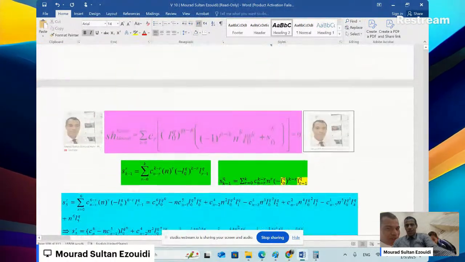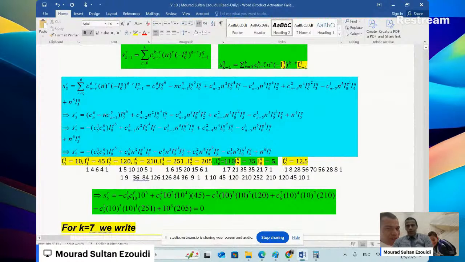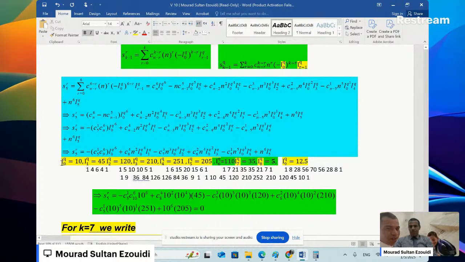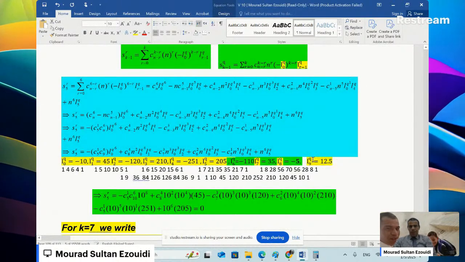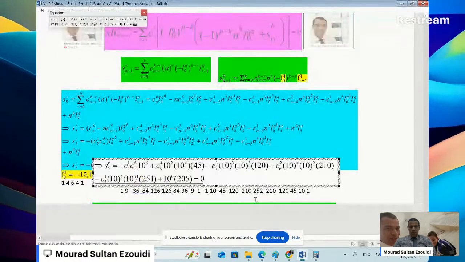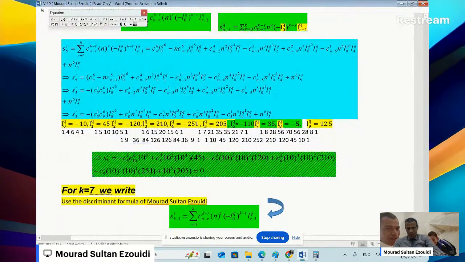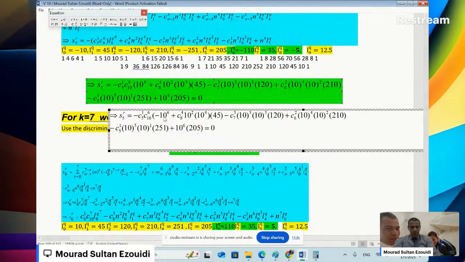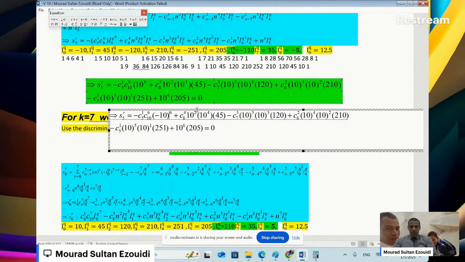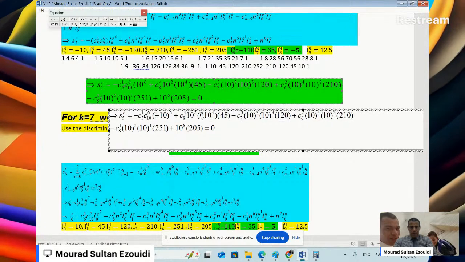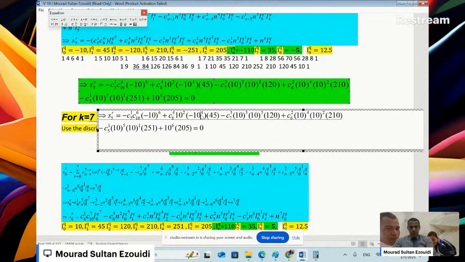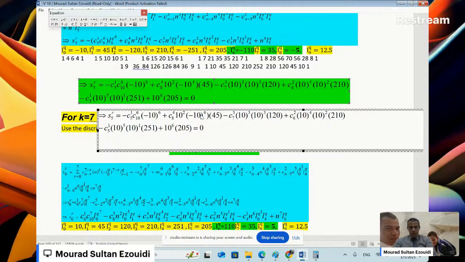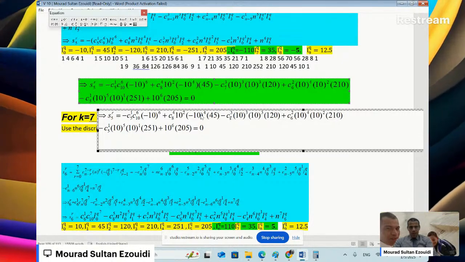You should put K equals 6 in this formula in my theorem, which is this. These values are the same. So I will now change this one, my kids. I will change the value of L0, which we told is negative 10. This is negative 10, in parentheses if possible. Then this is negative 10, multiplied by 45, minus.